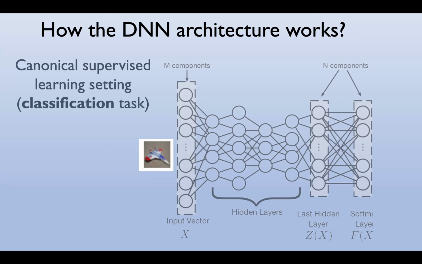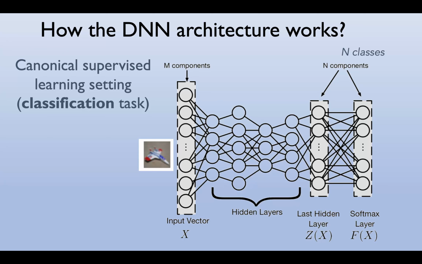So here we see that we have a deep neural network in which we have an input layer in which the image is vectorized and provided as an input to the deep neural network. The input layer has M components or M neurons, and then you have multiple hidden layers that apply nonlinear transformations.